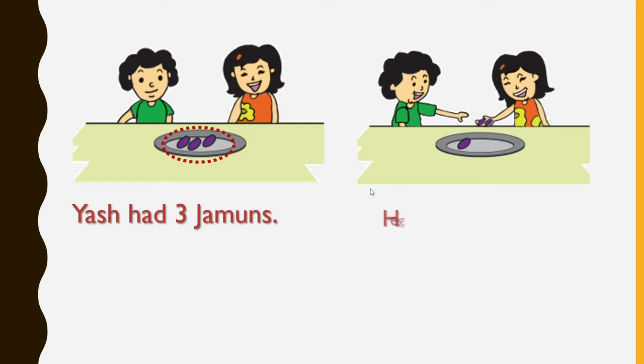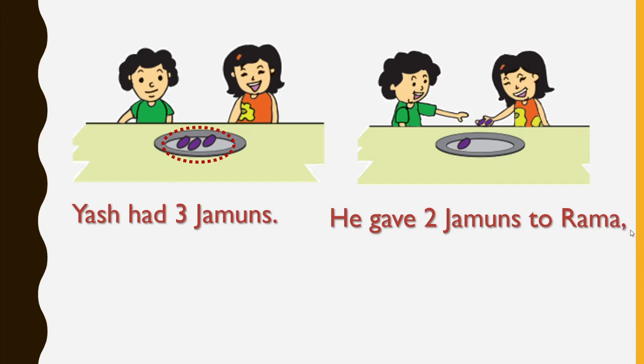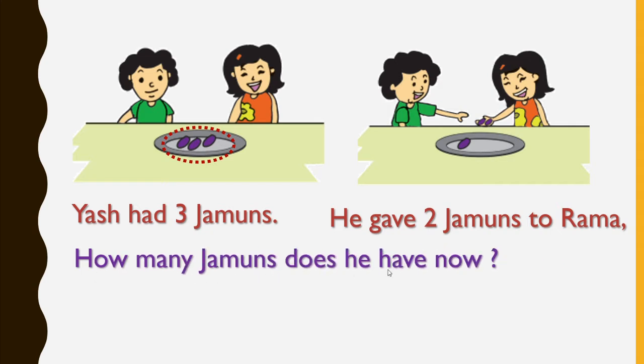So, Yash gave 2 jamuns to Rama. Can you see here? In Rama's hand, you can see 2 jamuns. Correct? Okay. Now tell me, how many jamuns does he have now?